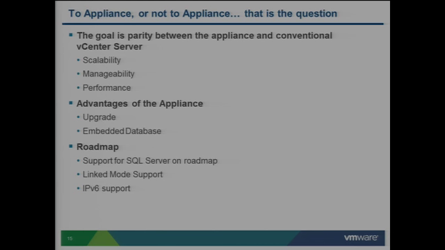Can I have a show of hands as to how many people care about IPv6, that they insist that their environment be IPv6 compliant? Okay, it's good to know. So probably 3% of the people care about IPv6. But it is on our roadmap, and we'll make sure, because as I said, it's going to be at feature parity with VC on Windows.